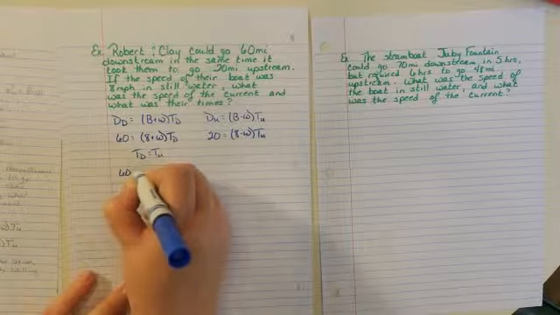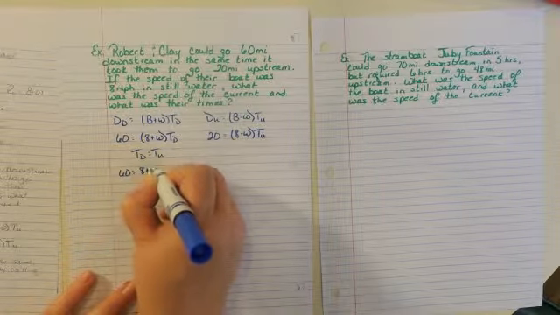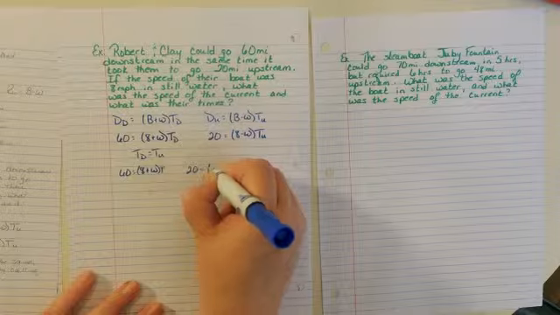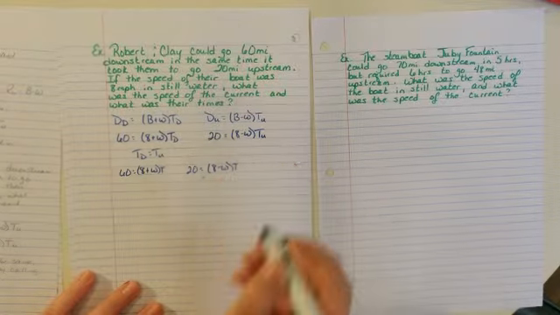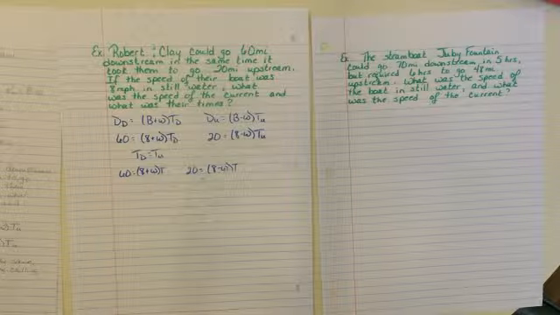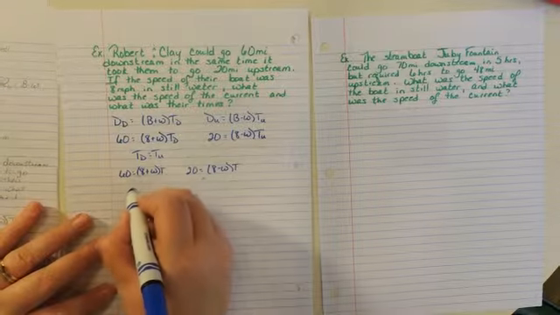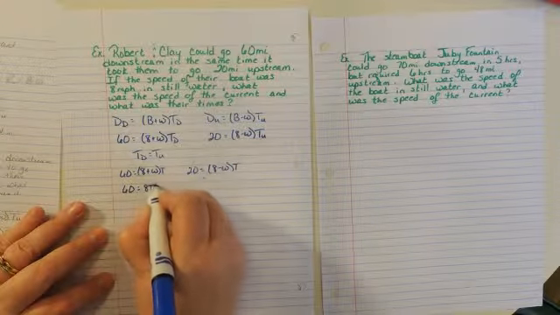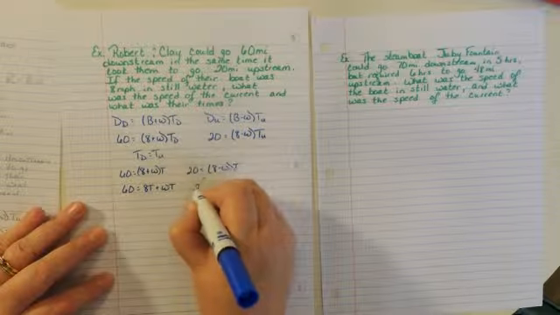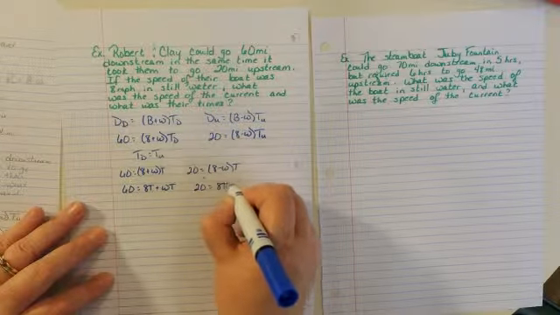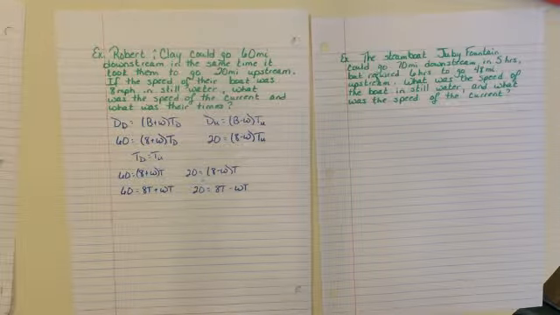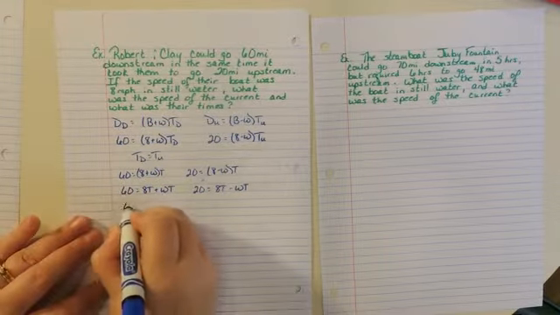So we have 60 equals 8 plus w times t, and 20 equals 8 minus w times t. If we work this out, we get 60 equals 8t plus wt, and 20 equals 8t minus wt. Okay, we can use elimination and solve for t.